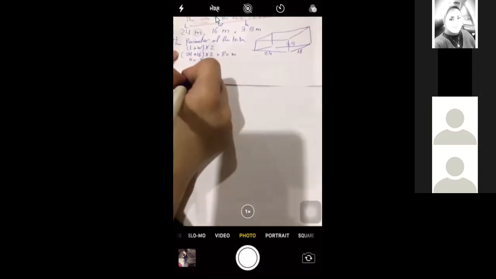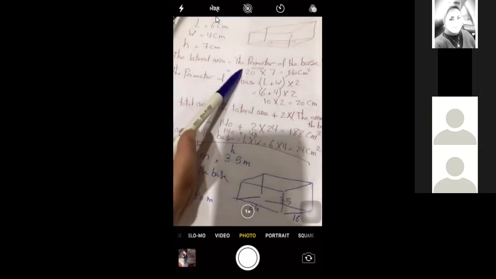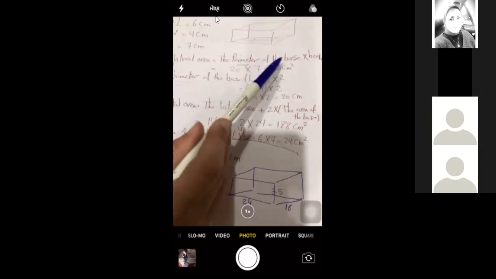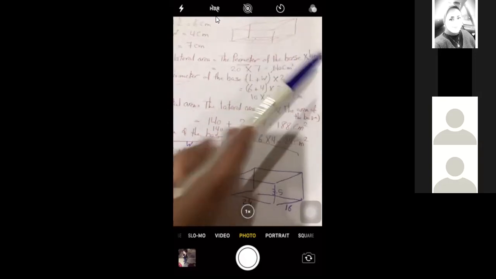The lateral area, we will get the face multiplied by 4? No. Let's write the rule again. The lateral area equals the perimeter of the base multiplied by the height.